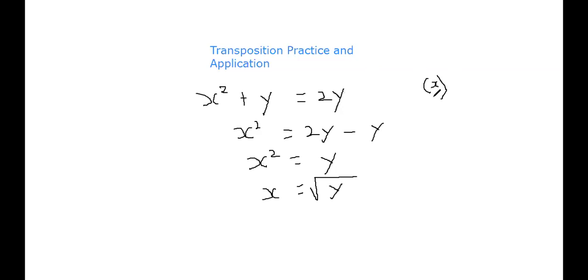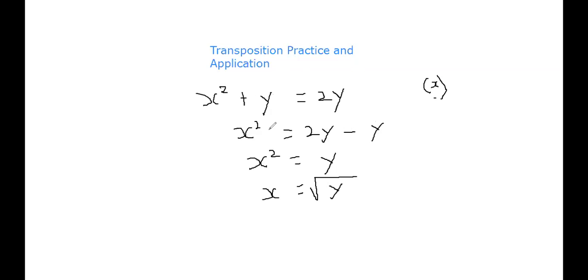So we need to look and see where x is, and what is affecting x from being the subject is this y here, and this power. So we need to take over those two. When we take over the y first, this y is added, take it over, it will subtract on the other side. It becomes 2y minus y. See that?